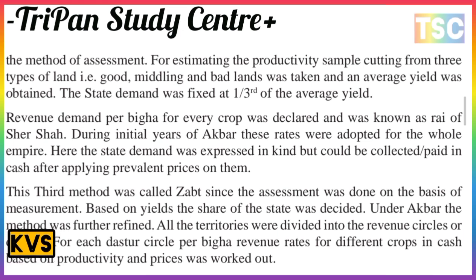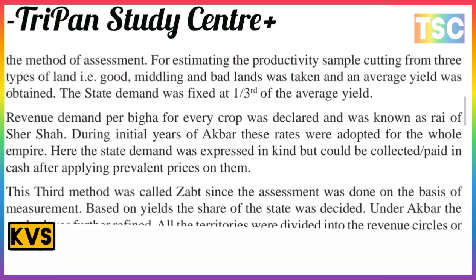Under Akbar, the method was further refined. All the territory was divided into revenue circles or dasturs. For each dastur circle, a revenue rate per bigha for different crops in cash, based on productivity and prices, was worked out.